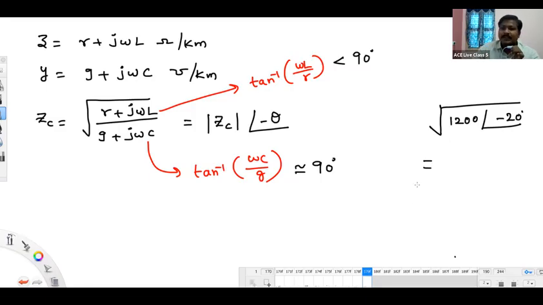This is the way of calculating the square root of a complex number: root 1200 and angle minus 20 degrees by 2. My intention is to tell you that the resultant angle after calculating the square root will be negative only.